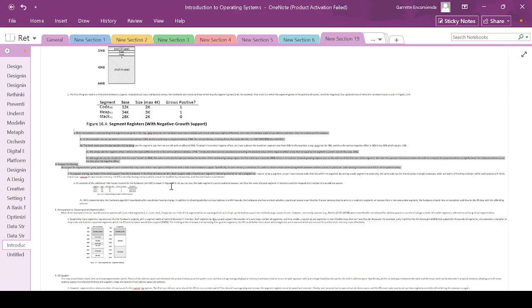Let's take an example stack virtual address and translate it to understand the process. In this example, assume we wish to access virtual address 15 kilobytes, which should map to physical address 27 kilobytes.